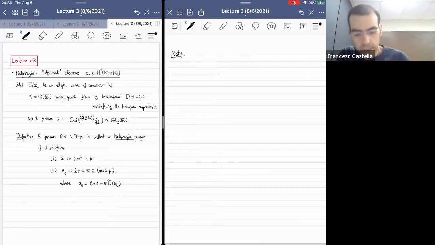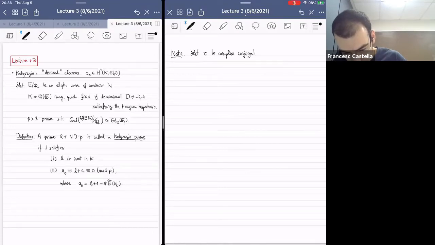Okay, so let's denote, as I think we did already, by tau complex conjugation. And consider the following set.